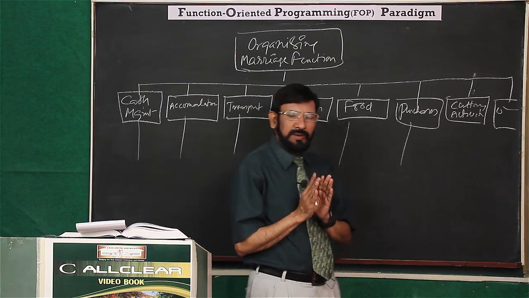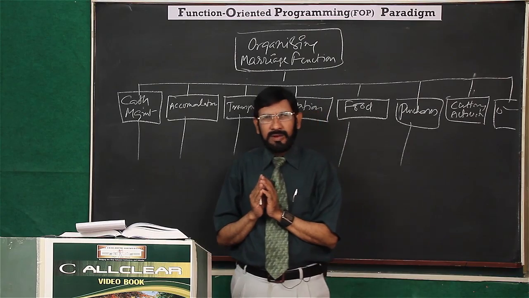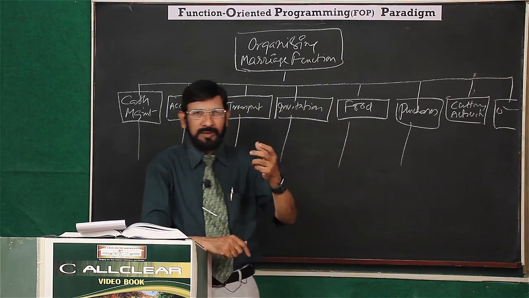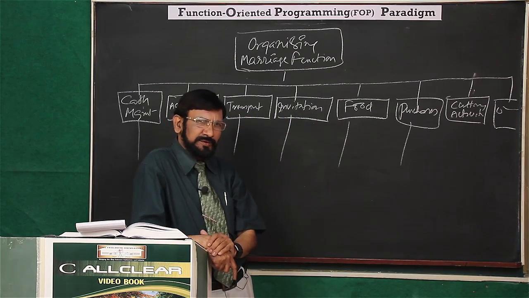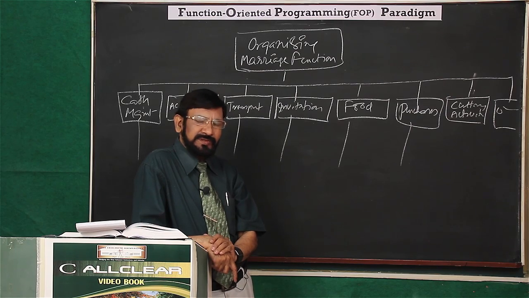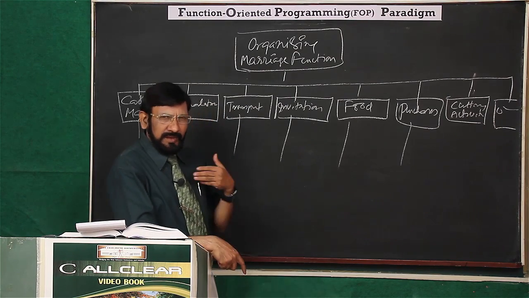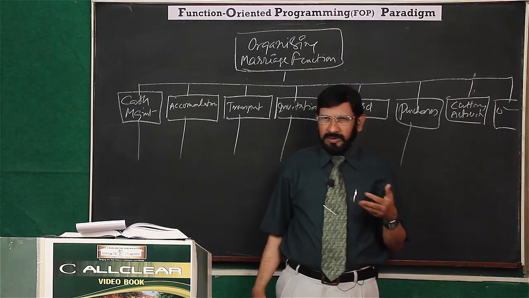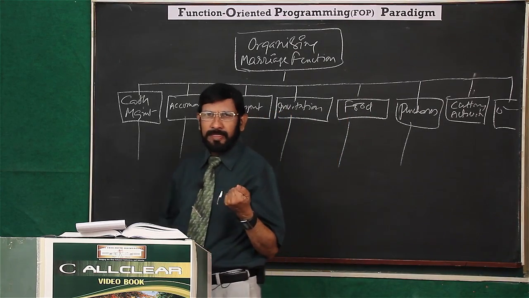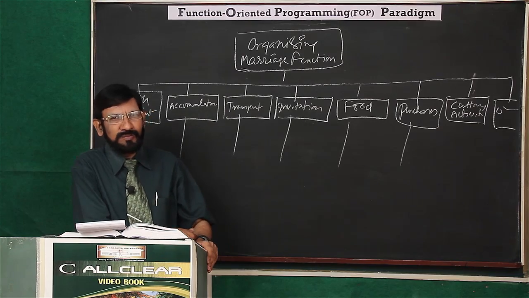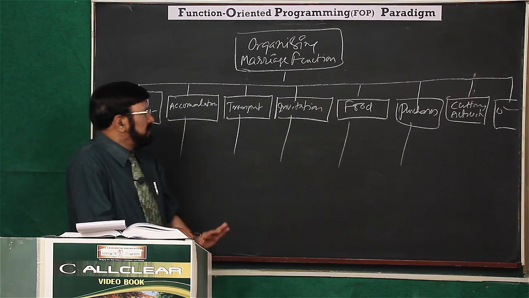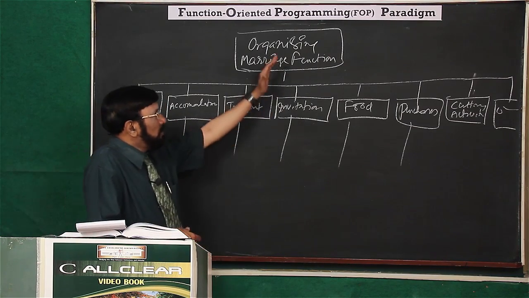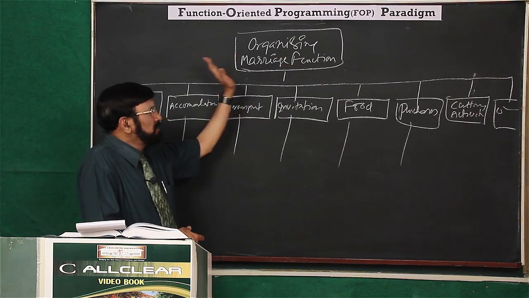Then everybody will be responsible and smart, because when one responsibility is entrusted to one person, he feels great because he feels he is a reliable person. So he takes it as a challenge and tries to justify his role. Understand? In this way, the top-down modular approach helps you a lot.